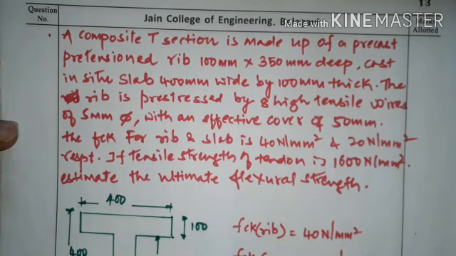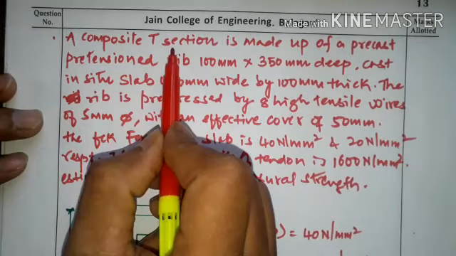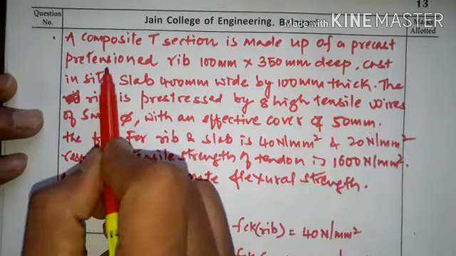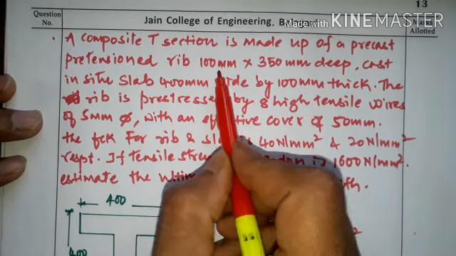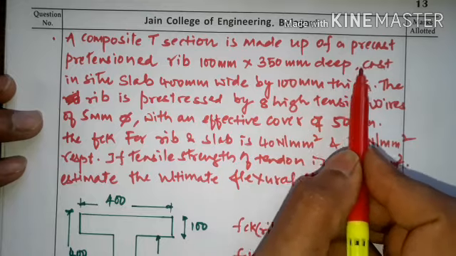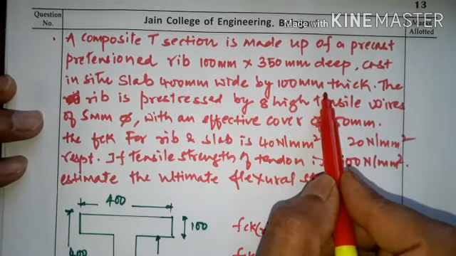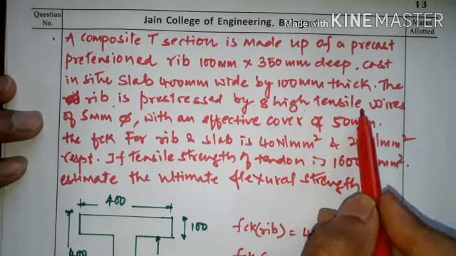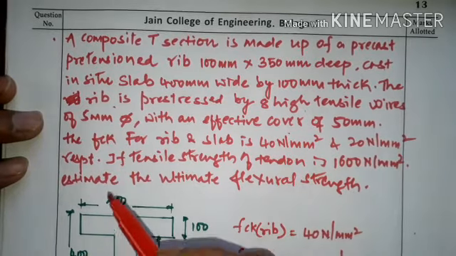I'll read out the statement of the problem. A composite T section is made up of a precast pre-tensioned rib 100 mm wide and 350 mm deep, with a cast in situ slab 400 mm wide by 100 mm thick. The rib is pre-stressed by 8 high tensile wires of 5 mm dia with an effective cover of 50 mm.